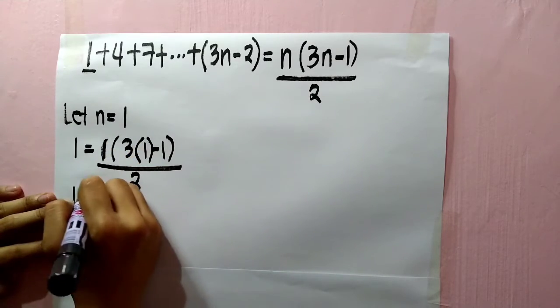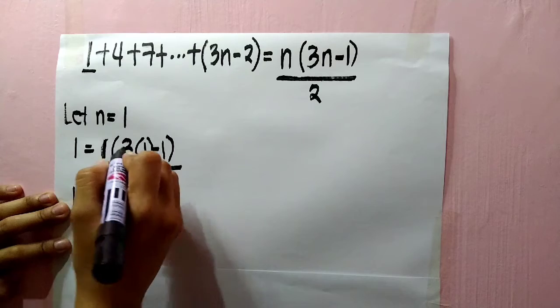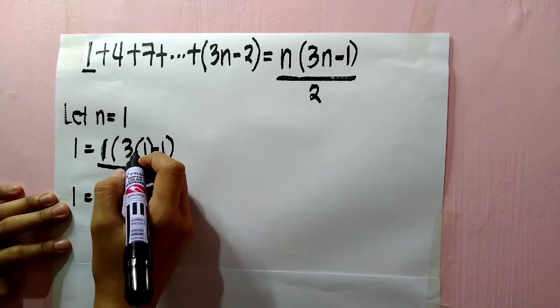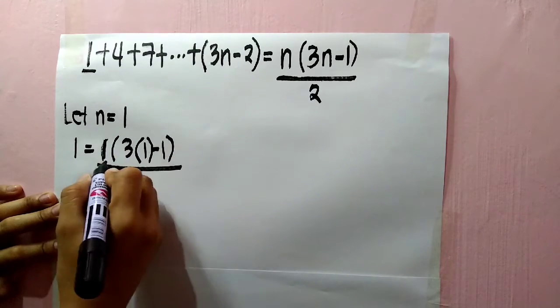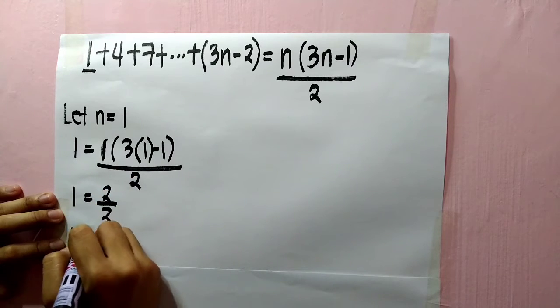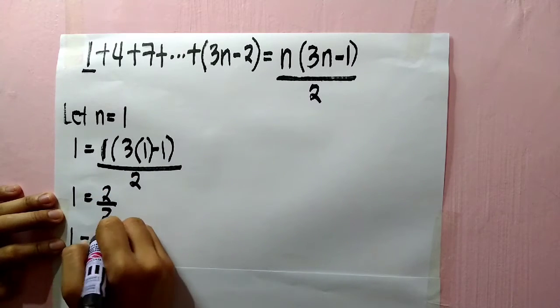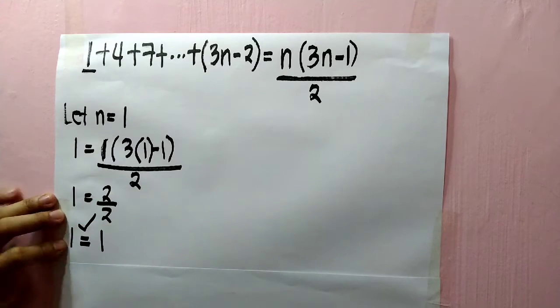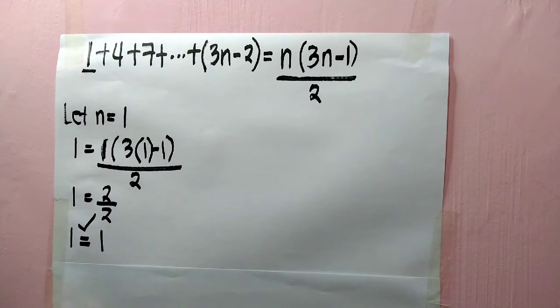So we have 3 times 1 is 3, minus 1 is 2. 2 times 1 is 2. 2 over 2 is 1. So it is true. The first statement is true.